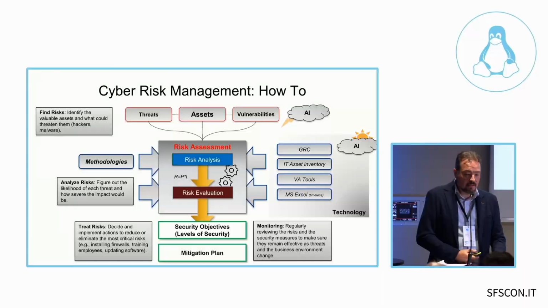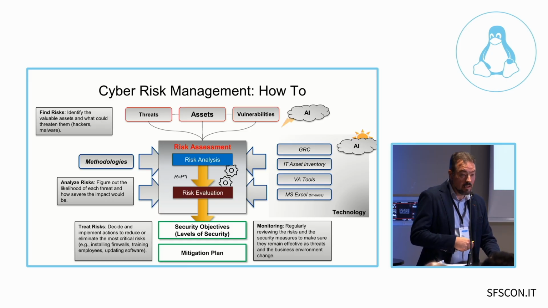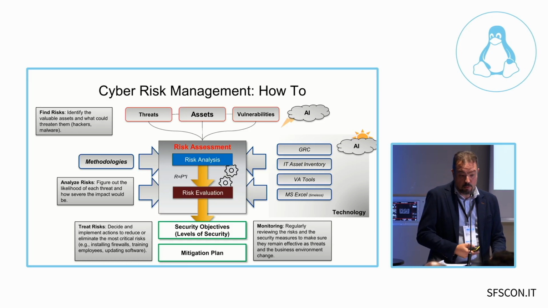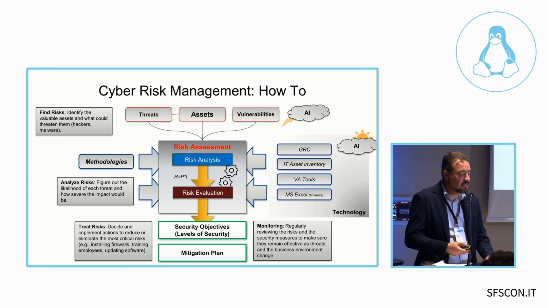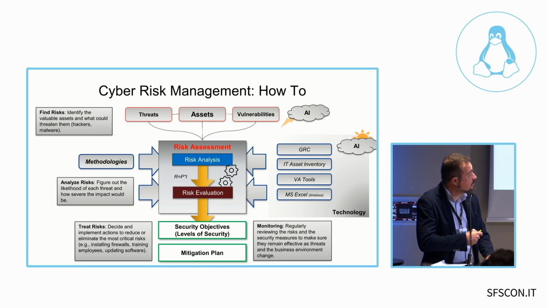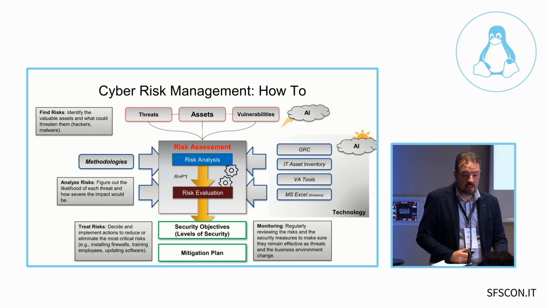So the main objective of risk management is to produce levels of security and have mitigation plans to protect the business. So how to do that? You have to start by collecting threats, assets, vulnerabilities, and if you use artificial intelligence, it is an asset and has to be inserted in our risk management process in specific scenarios with specific threats.